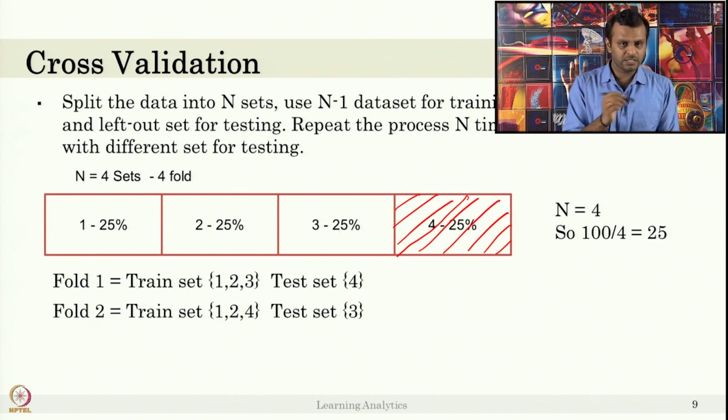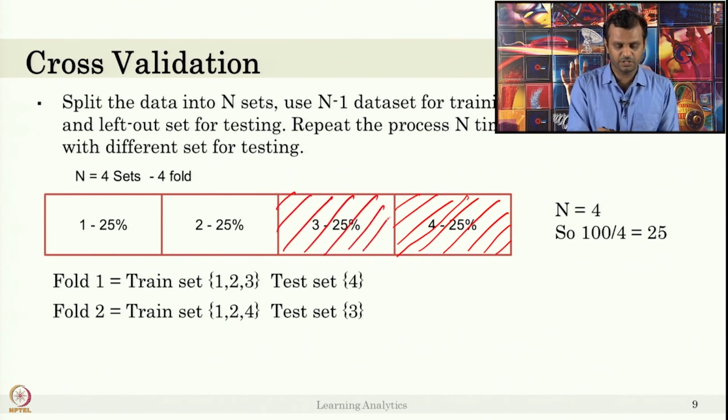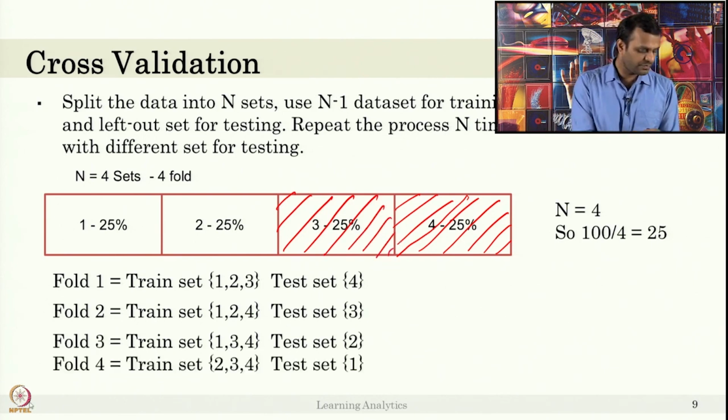In the second fold, I use sets 1, 2 and 4 as the training, and this data as the test set. So, this data also will be tested now. Similarly, in folds 3 and 4 we will use the other sets, and all the data has been tested.